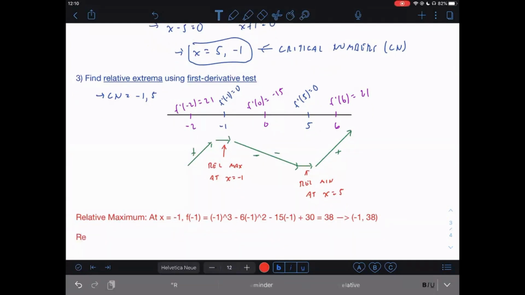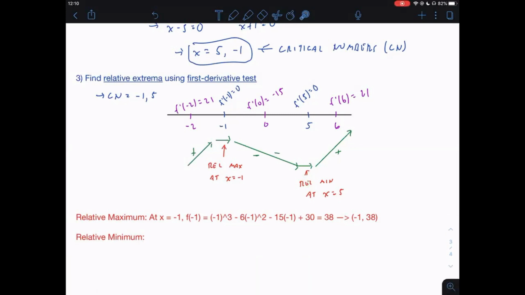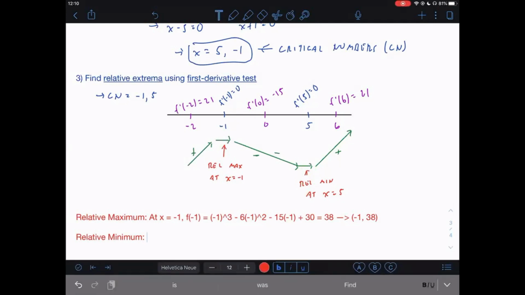All right, and then to find the relative minimum, it is the same thing, except plug in the critical point where we found the relative minimum into our original function. So again, we found the relative minimum, a low peak at x equals 5, a valley. So here we have a hill, here we have a valley. We found a hill at -1, we found a valley at 5. So now we plug 5 into the original function.